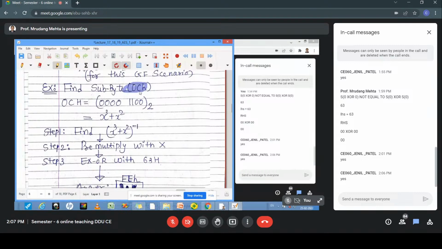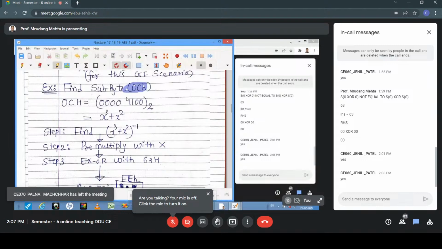And second is C. What is the decimal equivalent of C? 0 to 9, 10, 11, and 12, A, B, and C. So C is 12. And what is the 8421 equivalent of 12? That is 8 and 4 both becoming 1. So 1100. Clear how we have written this hex into binary?